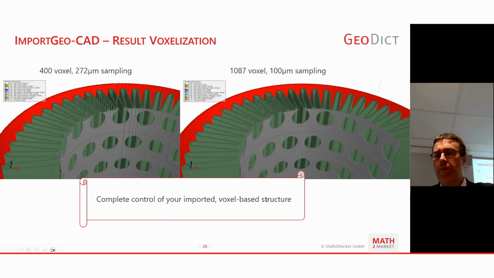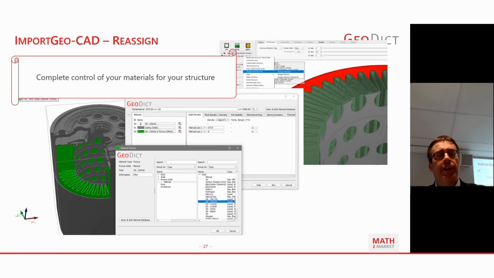So the next step would then be to reassign materials. Here again, you have complete control of your materials. On the right-hand side, you can see our imported structures. And if you click on a structure, you can reassign the material ID, swap materials, and so on.